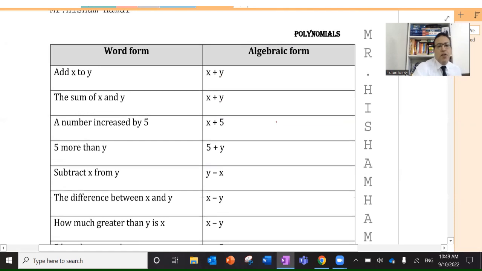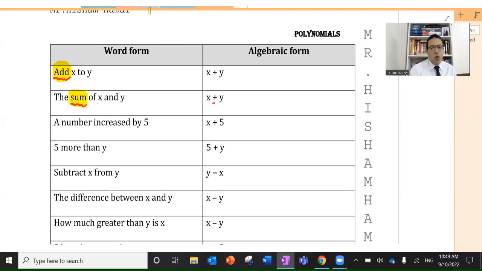Now, let me introduce for you some words or expressions in algebra that we are going to use while we are solving the SAT questions, or generally while we are solving any math problem. The word add is the same as the word sum, and it means plus.